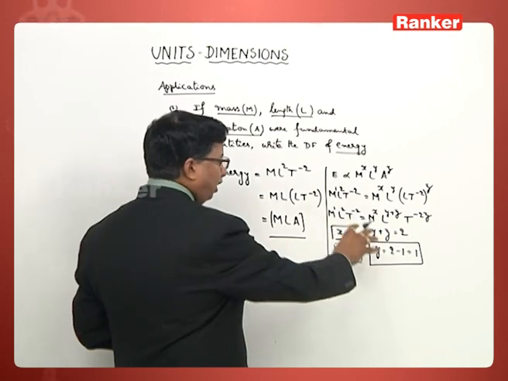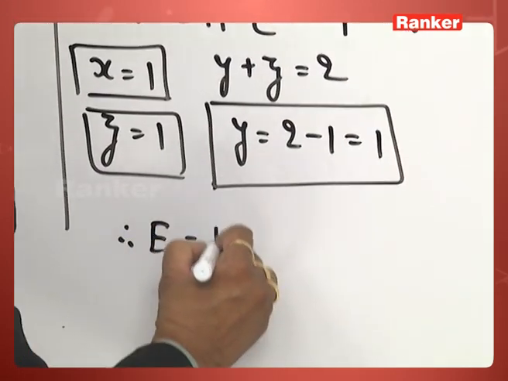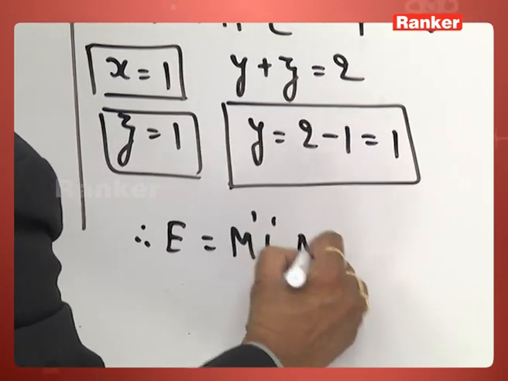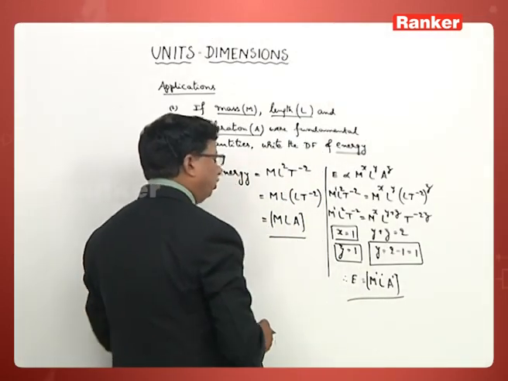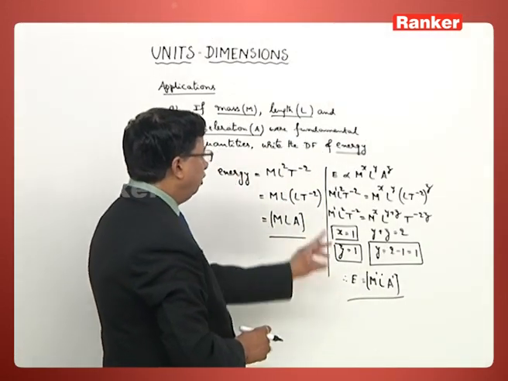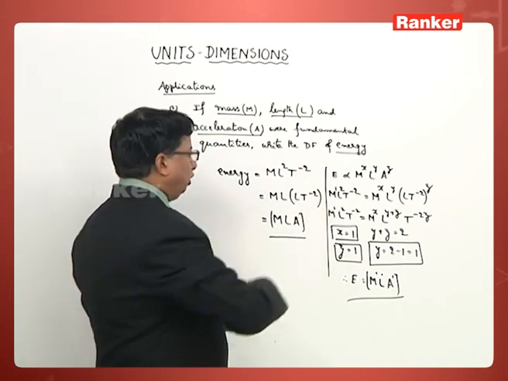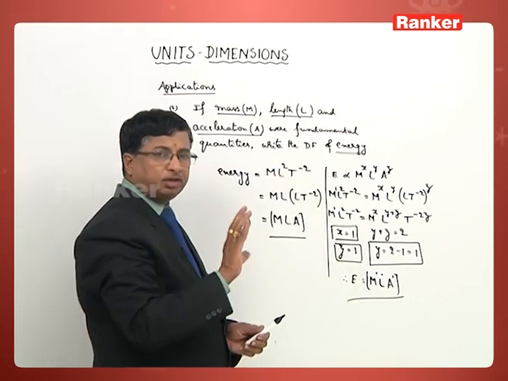So straight away I can substitute them here. Therefore, energy is equal to M to the power 1, L to the power 1, T to the power 1. That is MLT. That is going to be the dimensional formula for energy as such. If you can work it out this way directly, nothing like it.